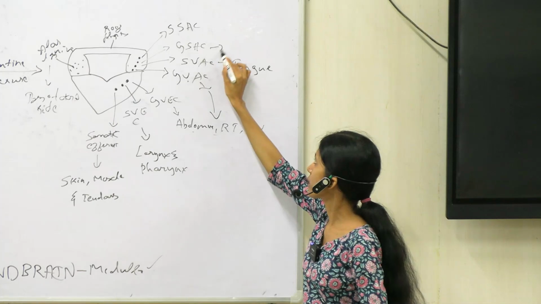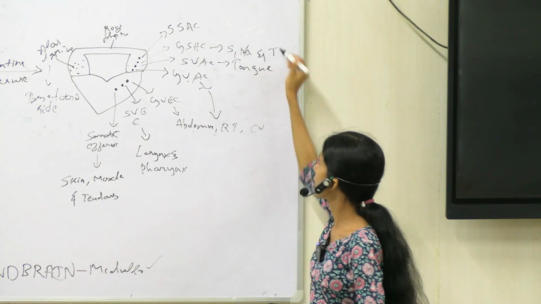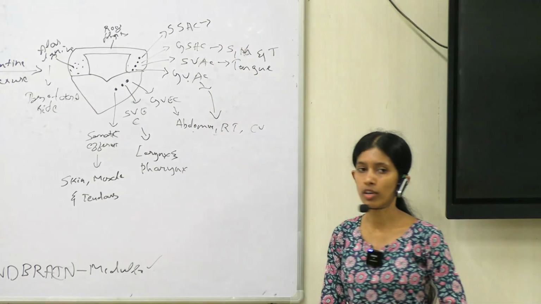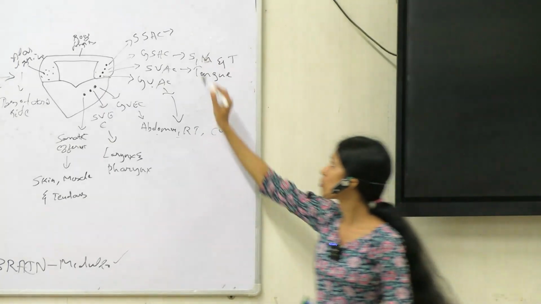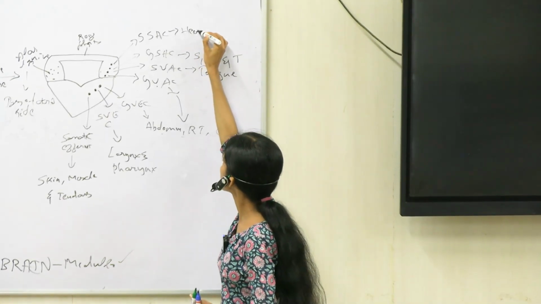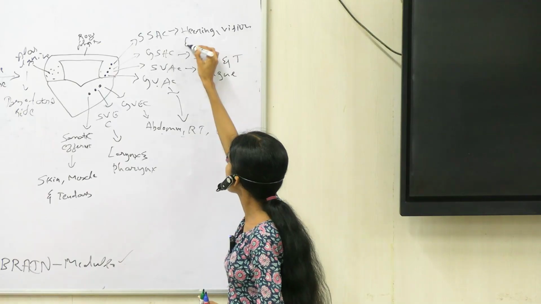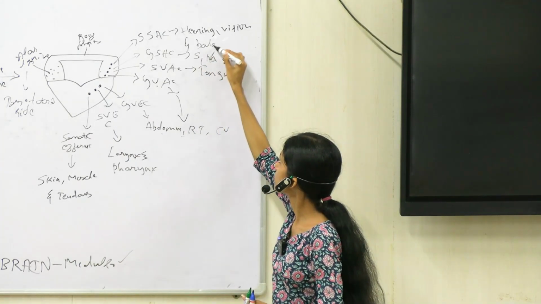The general somatic again is skin, muscle and tendon part. The special somatic afferent columns are your hearing pathway, vision pathway and your balancing capacity.